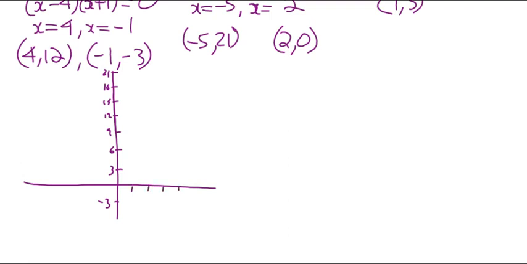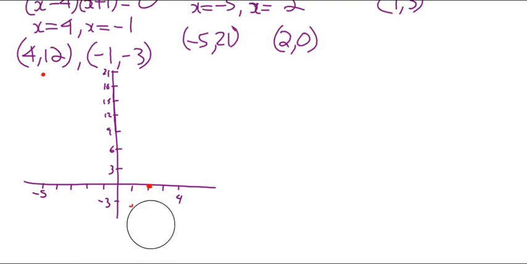So let's put down the intersection points in red. -5, 21. 2, 0. -1, -3. 4, 12. 2, 0. Got that. And what was the last one? 1, 3.